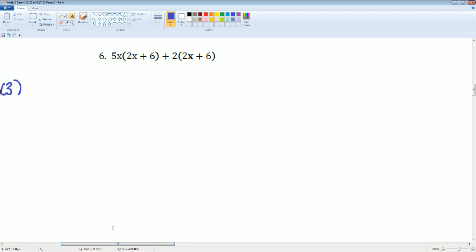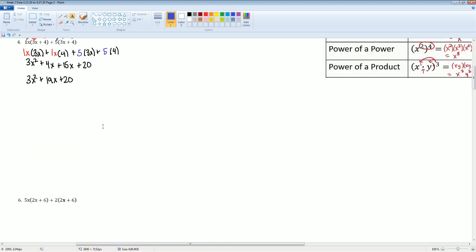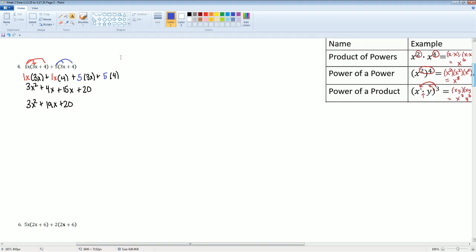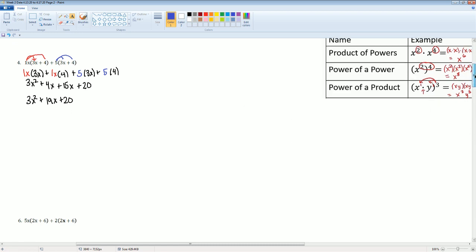So I could do this one in a little bit of detail for you because of that 5x. Okay. But again, 6 is done the same exact way as 4. Okay, it's done the same exact way. All right.